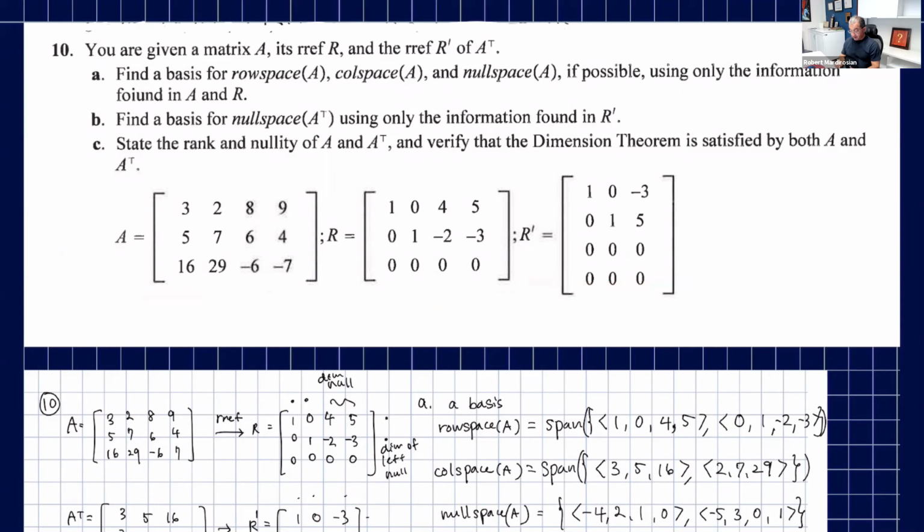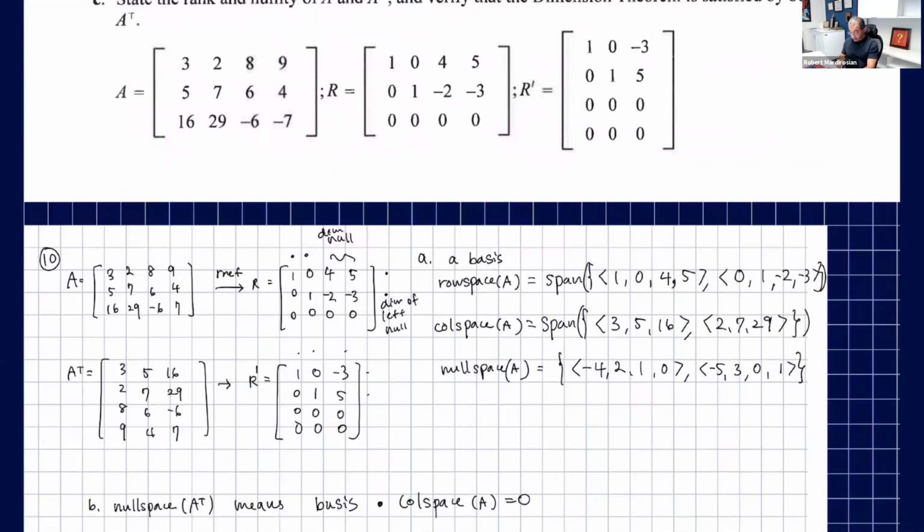Find the basis for the row space. For the row space, you go to the RREF and just take the ones with the leading one. So that and that. A basis for the row space will be this vector and that vector. You can just write it down.